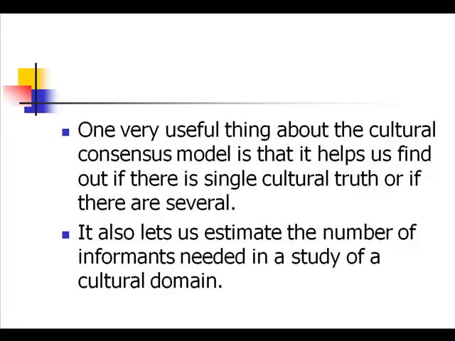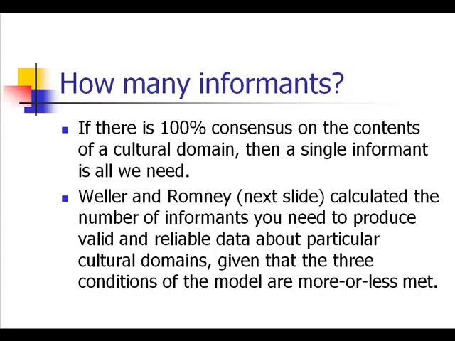So one of the very useful things about this model is it helps us find out if there's a single cultural truth or several of them, and lets us estimate the number of informants needed in a study of a cultural domain. Because depending upon how much consensus there is, that changes the number of people you need in order to be able to describe the domain well. So if there's 100% consensus on all the contents of a cultural domain, what are the names of the months of the year?